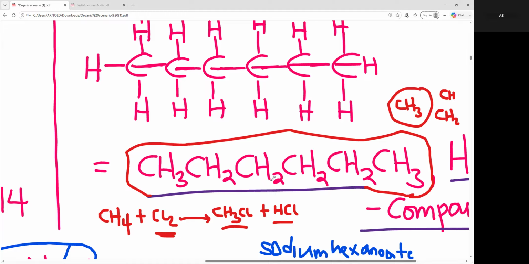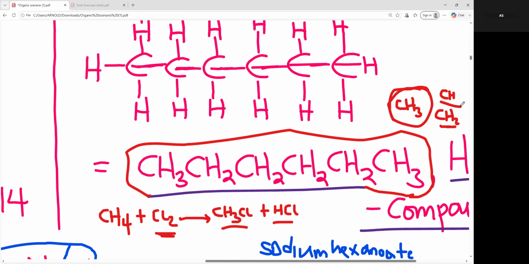So hexane in this case has primary hydrogens and secondary hydrogens. I explained this previously: a carbon with three hydrogens, those hydrogens are primary. A carbon with two hydrogens, those hydrogens are secondary. A carbon with one hydrogen, that hydrogen is tertiary.